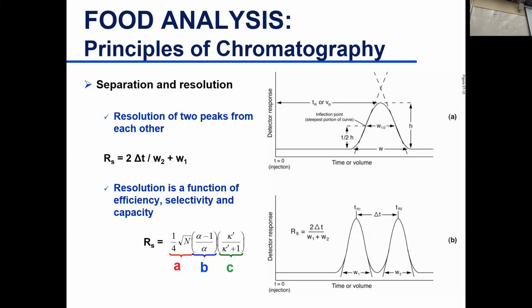C is the capacity of the column. So resolution is dependent on the efficiency of the column, the selectivity, as well as the capacity. So 3 different factors impact resolution. Now I'm going to talk about each factor to explain each one.